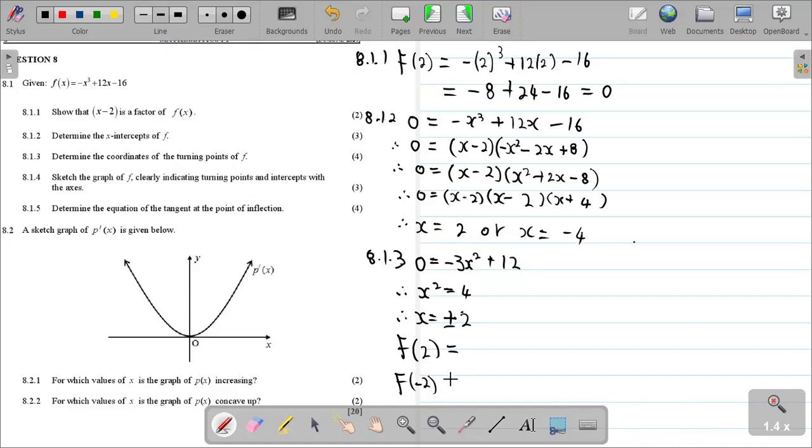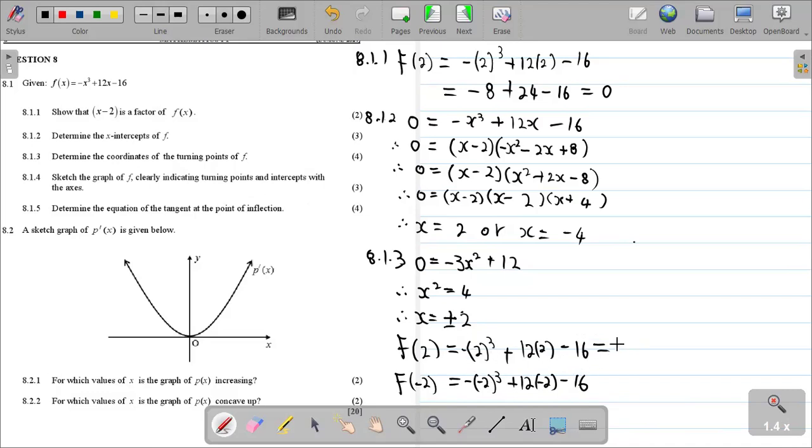So f of 2, we substitute here. It's going to be negative 2 to the power 3 plus 12 times 2 minus 16. So then it's going to be negative, then negative 2 plus 12 and then negative 2 and then minus 16.